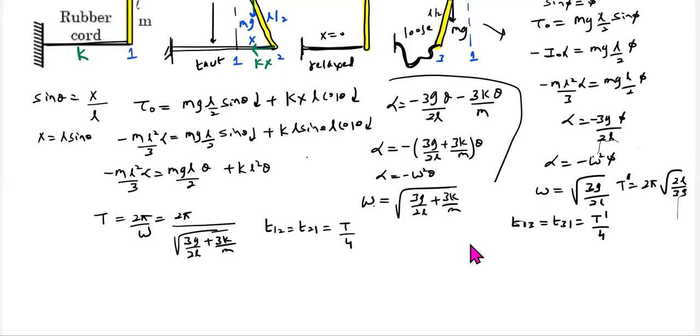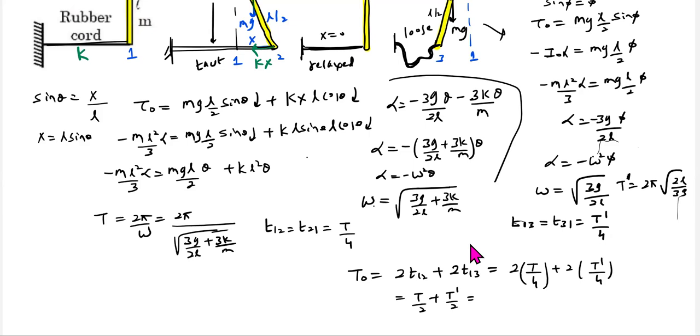The total time t naught should be equal to 2 times t12 plus 2 times t13, which is 2 times t by 4 plus 2 times t dash by 4, that is t by 2 plus t dash by 2. So these two values is what we should add up.